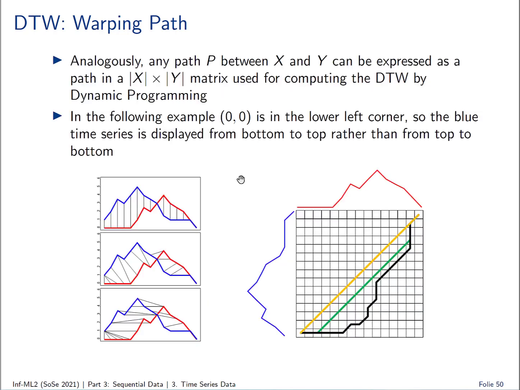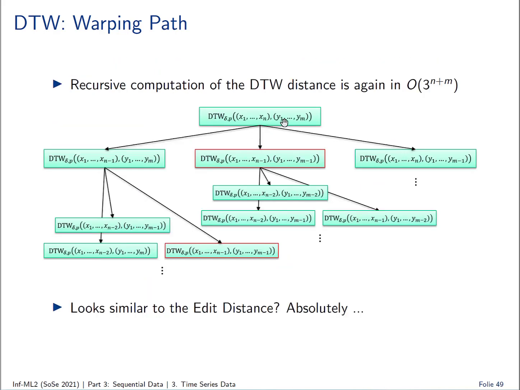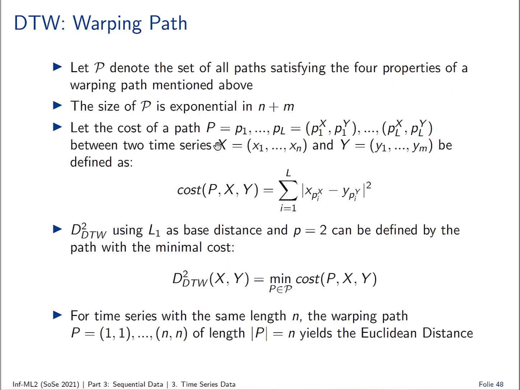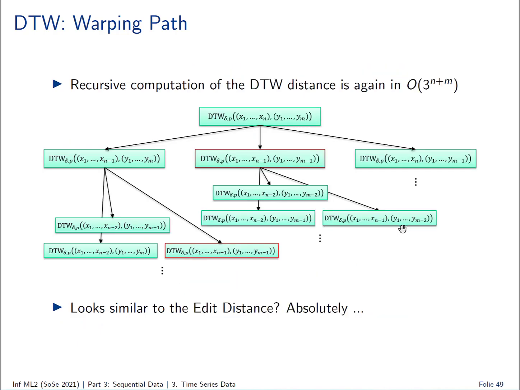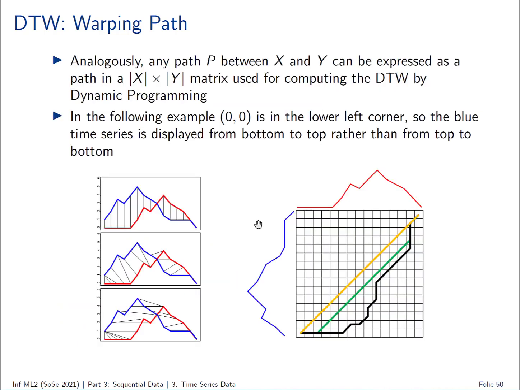A better way, of course, is to compute the dynamic time warping distance by dynamic programming. With the dynamic programming scheme, you compute this cost optimal path, and you can do it the same way as before in the edit distance example.